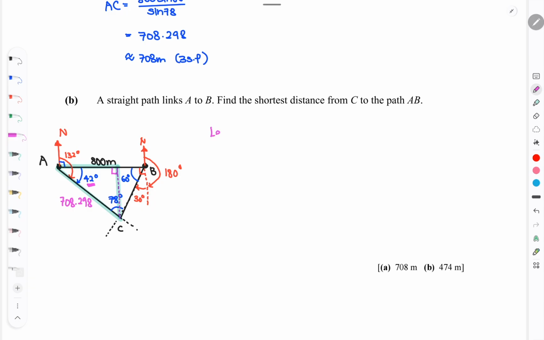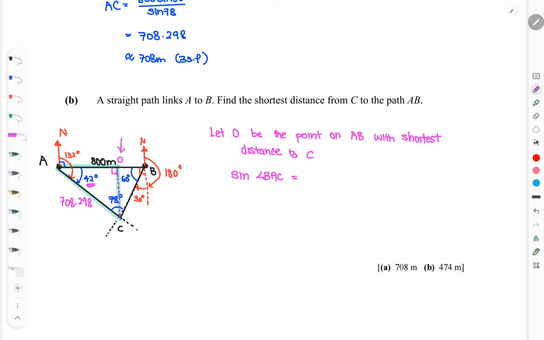So I will just let O be the point on AB with shortest distance to C. So sine BAC, I'm using this angle over here, angle 42 degrees.